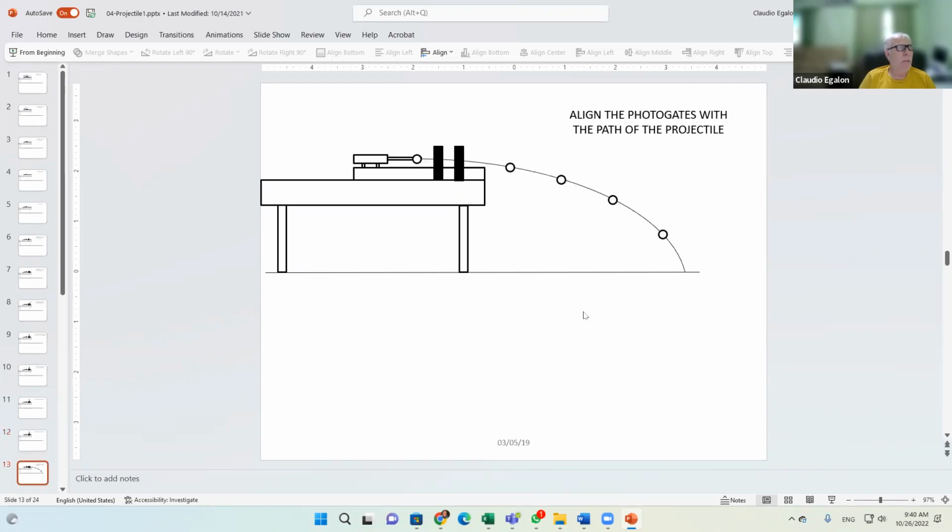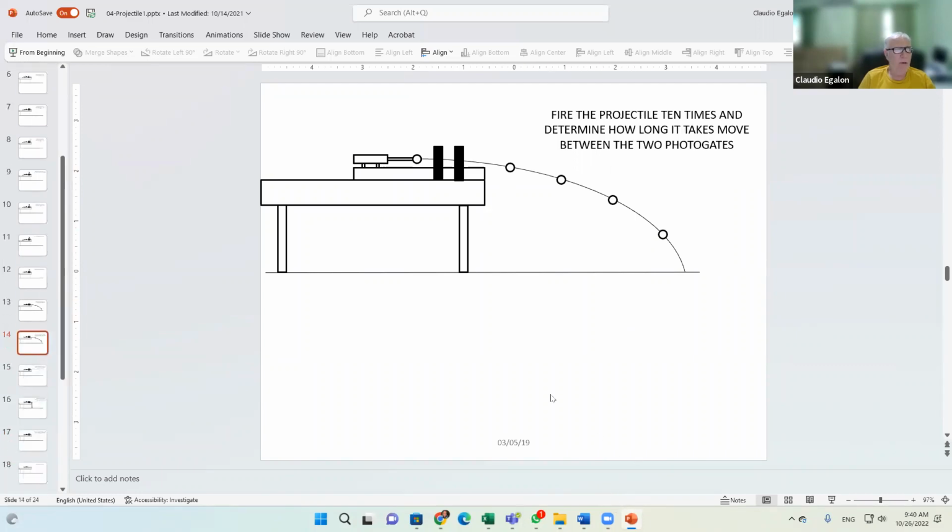When you propel the projectile, it describes a parabolic motion and impacts the floor right here. In the first part of the experiment, we are just measuring the time it takes for the projectile to move this distance so we can find its velocity.